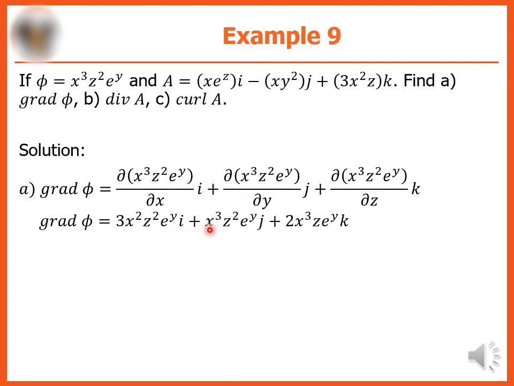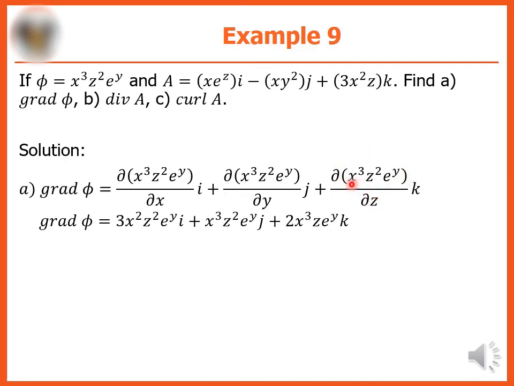So plus, we're going to get the partial derivative of this with respect to y. So the derivative of e raised to y, and then x cubed times z squared is a constant. So we have x cubed z squared, constant, times the derivative of e raised to y, which is e raised to y, so times j, plus the partial derivative of this with respect to z.